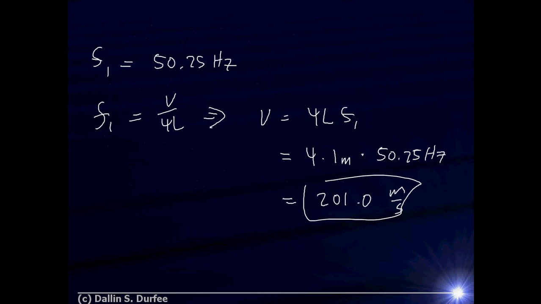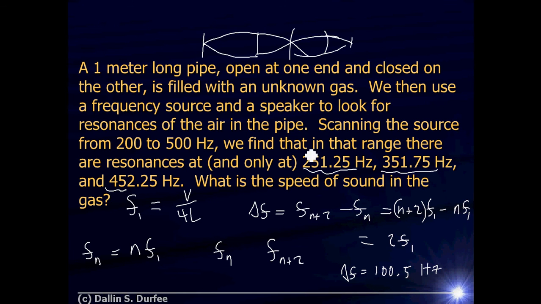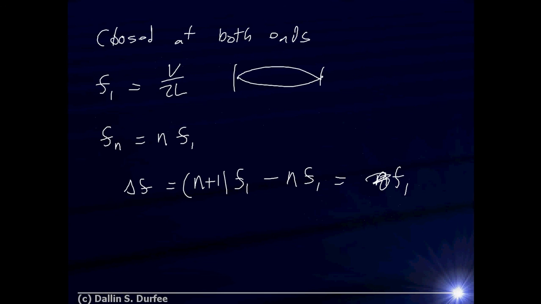So if I did this experiment and I got these same values, but my pipe was closed at both ends, then I would say, well, my delta f is 100.5 hertz. But now that's precisely my fundamental. I don't have to divide by 2. But what does that tell me about the velocity of my wave? I have to use this equation up here.